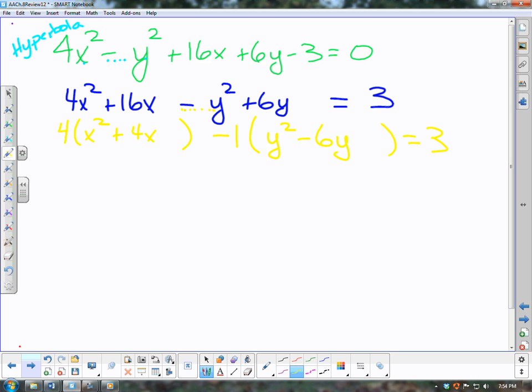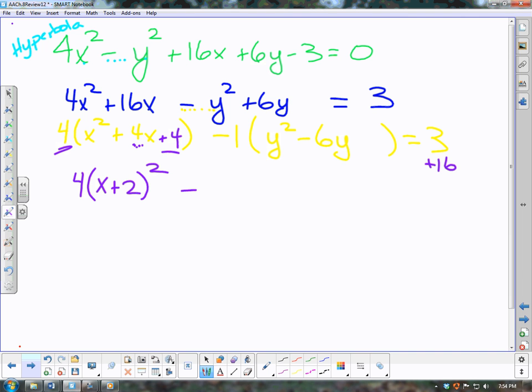Now then, we complete the square. And so this would be 4 times x plus 2 squared, because you take half of that thing. So what we had to do is add 4 in order for us to complete the square, and then 4 times 4 is 16, and that is the number we brought into the problem.